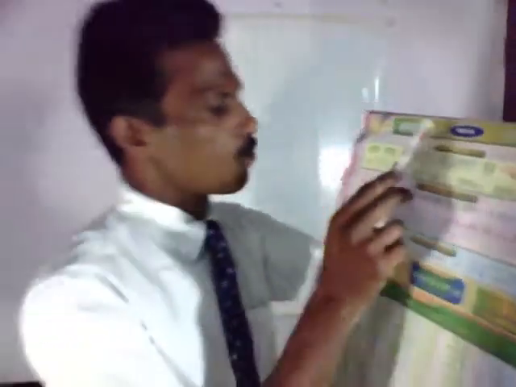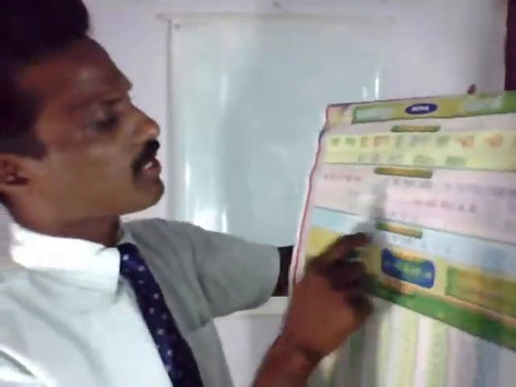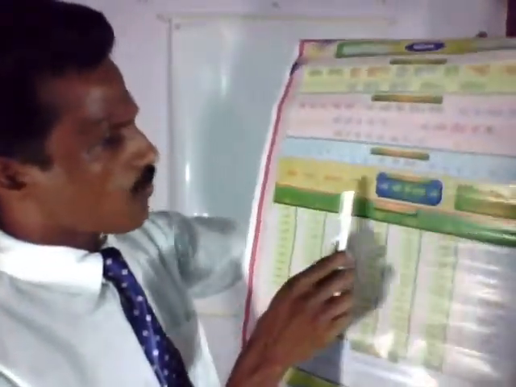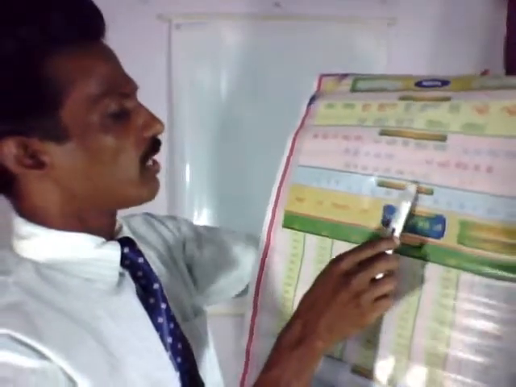So I told you about the Swarakshara vowel letters, the Vyanjanakshara consonant letters, and the vowel signs we discussed above. Now I am going to discuss the chinnangal, meaning vowel signs.